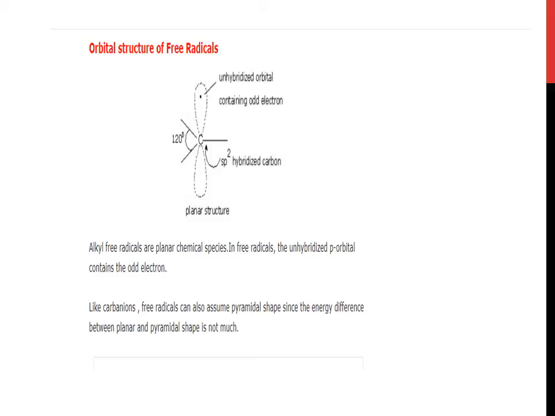This is the odd electron. Alkyl free radicals are planar chemical species. In free radicals, the unhybridized p orbital contains the odd electron. Like carbanions, free radicals can also assume pyramidal shape, since the energy difference between planar and pyramidal shape is not much.